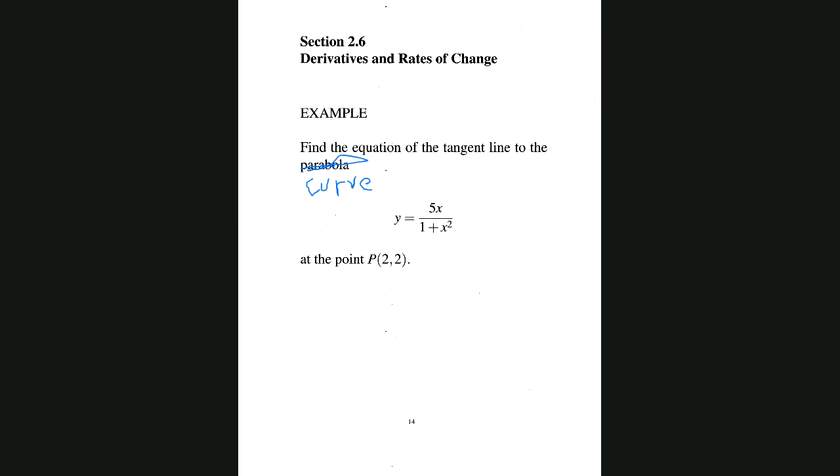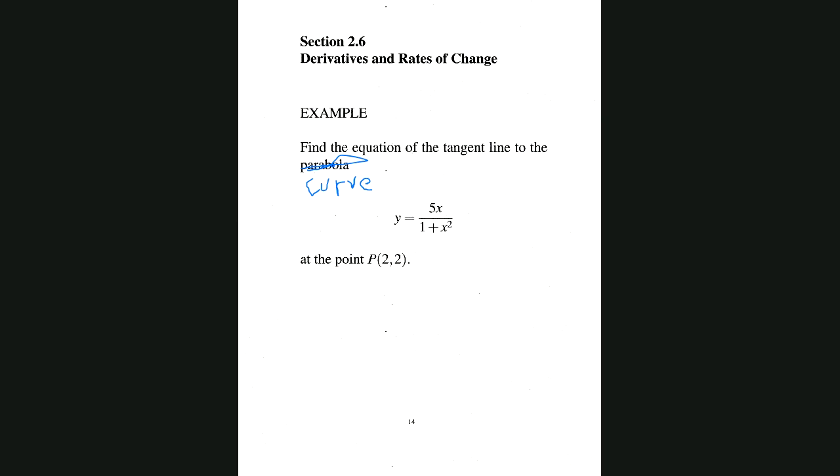So we want to find the equation of the tangent line to the curve at the point (2, 2). Now we know that we could graph this rational function, find the point (2, 2), because the point (2, 2) is on the rational function.